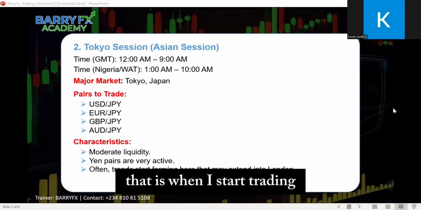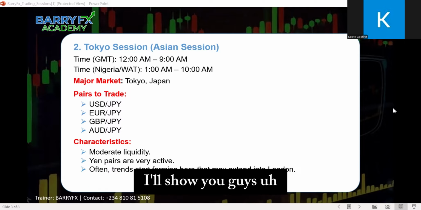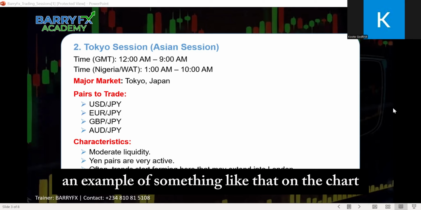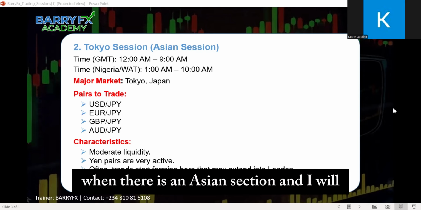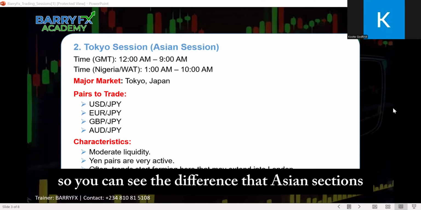That is when I start trading. So for this Asian section, I will show you guys an example of something like that on the chart, when there is an Asian section and when there is a London section, so you can see the difference.